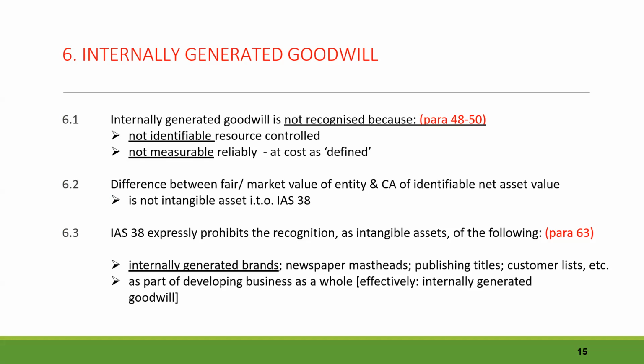And because it's not separable and it's not an identifiable resource that's controlled by the entity that can be measured reliably. Right? So the rule here that you just need to remember is that internally generated goodwill, so not goodwill from a business combination, we can never capitalize it or recognize it as an intangible asset.